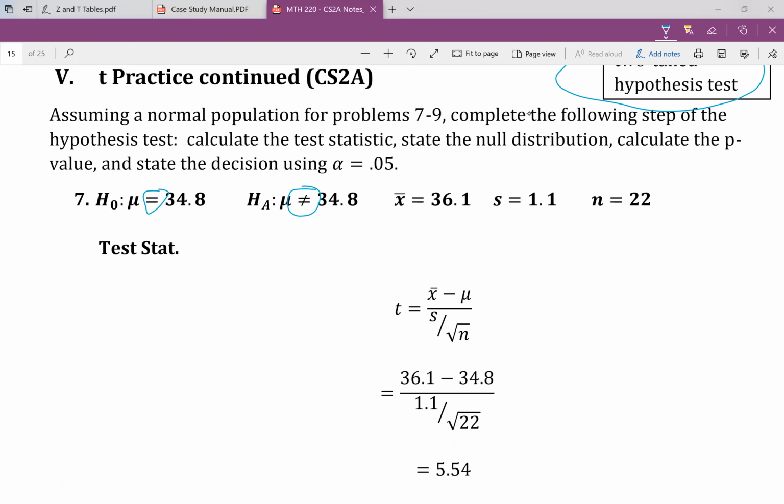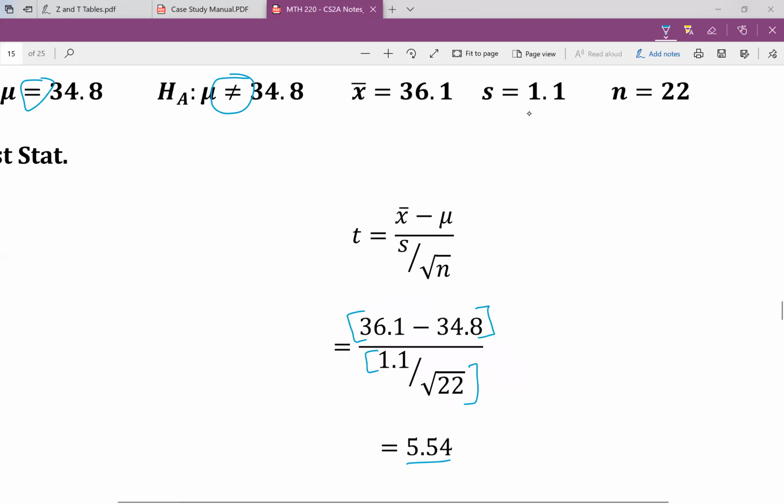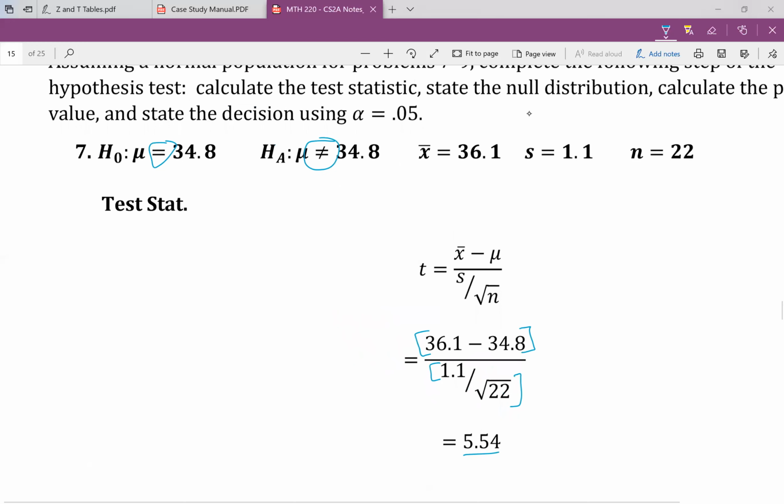I don't remember if I said it in the last notes, but whenever you plug this quantity into your calculator, you want to use brackets or parentheses around the top and the bottom in order to get 5.54 accurately. All right, so that's our test statistic.